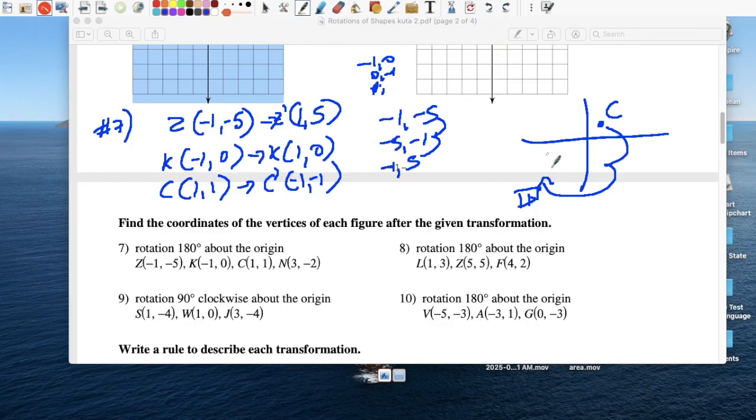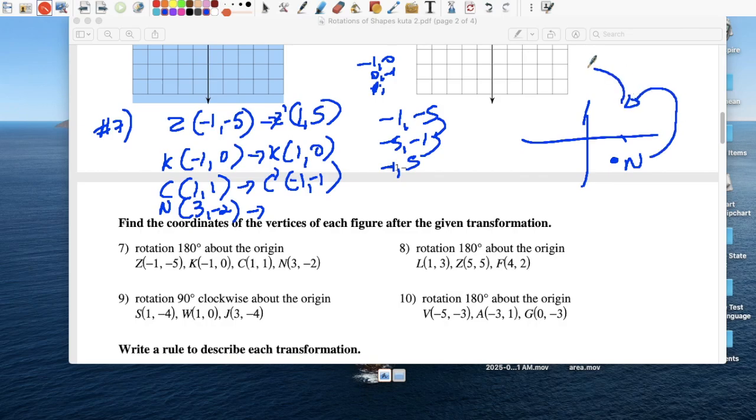And then point N. Point N is (3, -2). So if you want to imagine where it is, 3 to the right, 2 down. So here's point N. If it's going to travel 180 degrees, it's going to go 1 quadrant, 2 quadrants.